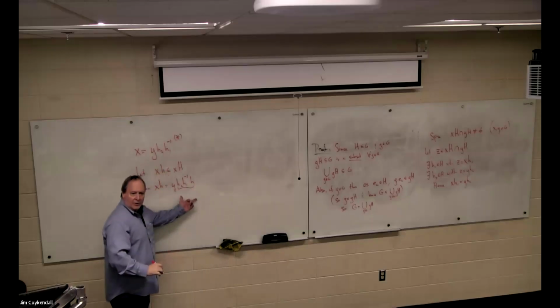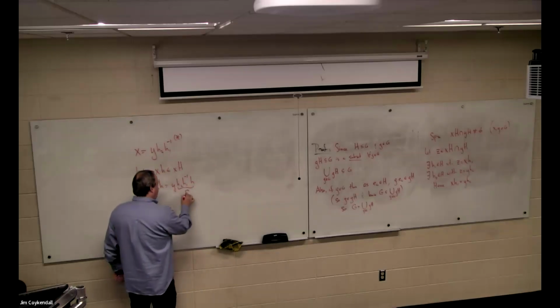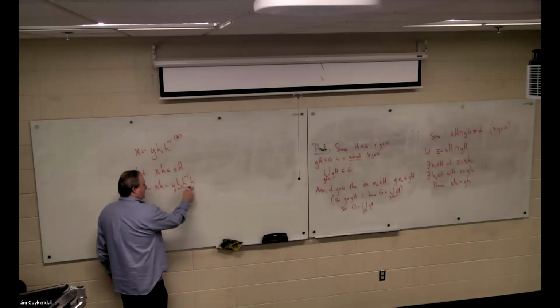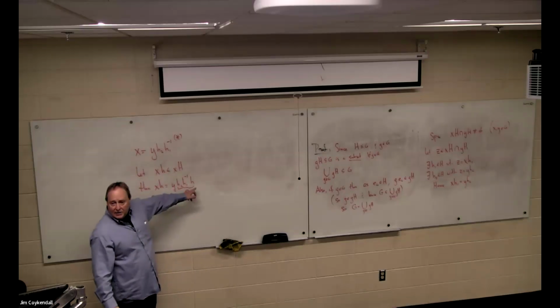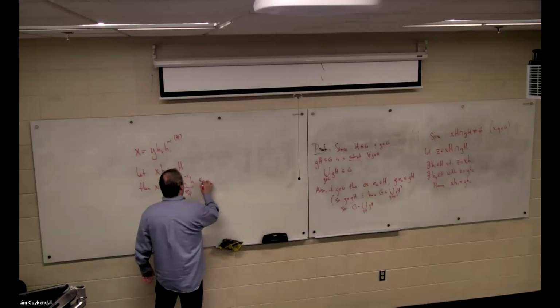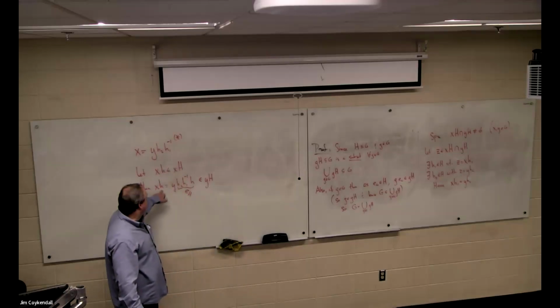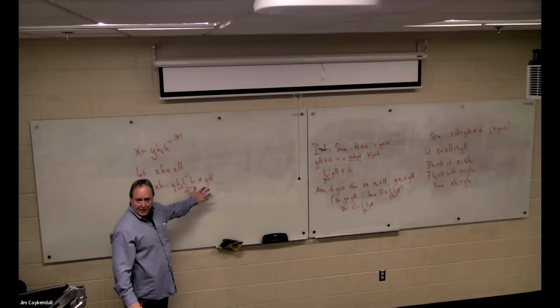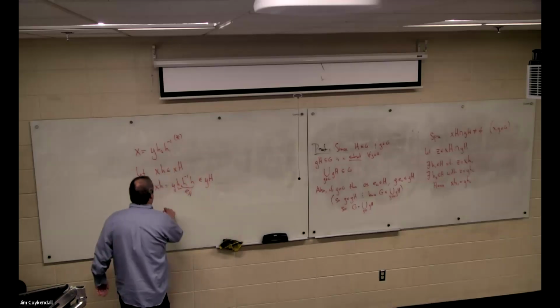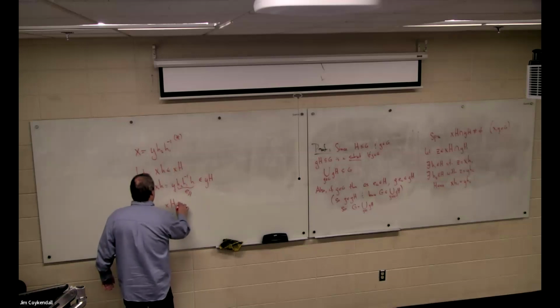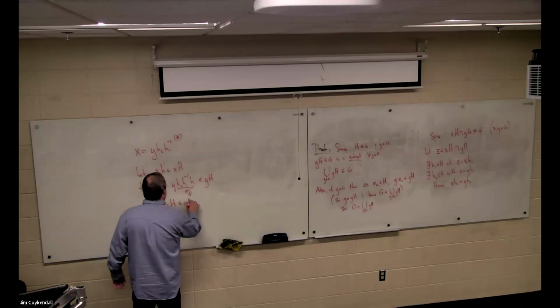And I don't know much, but I know that this is in H, right? This product of h's is in H. Everybody agree with that? So this is in yH, because this element xh is y times something else in H. And what have I proved here? I proved that the coset xH is contained in yH.